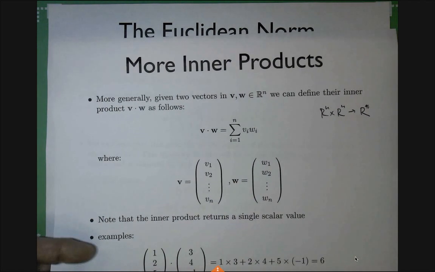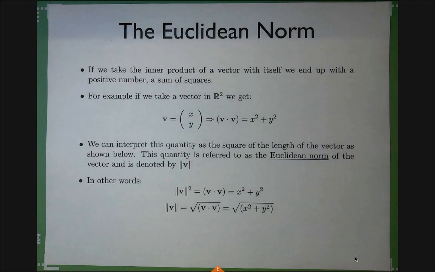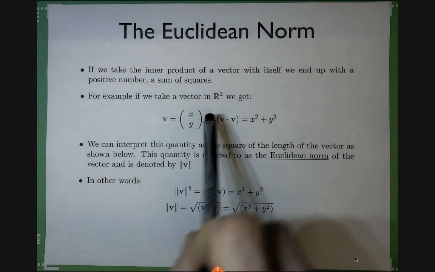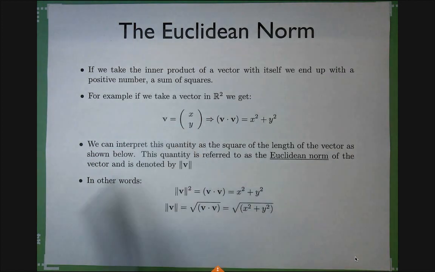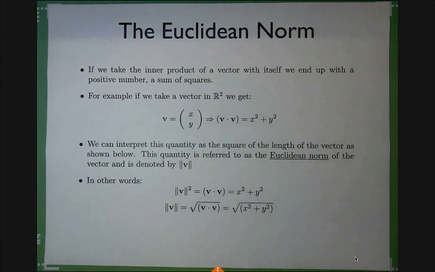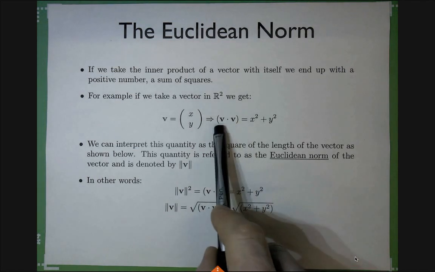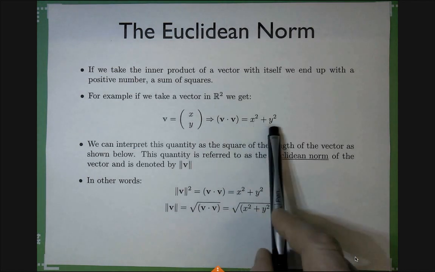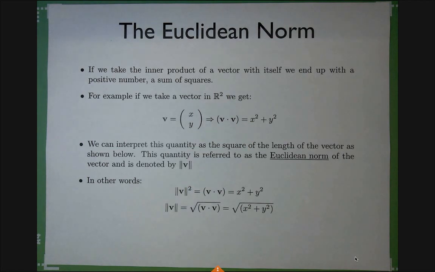So doing v dot v means I am taking the individual coordinates, squaring them and summing them together. By the way, dot product and inner product mean the same thing. They are synonyms. So v dot v, v inner product v, is just the sum of squares of the individual components.